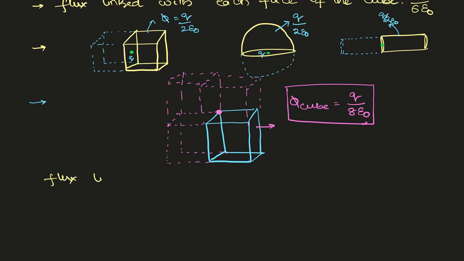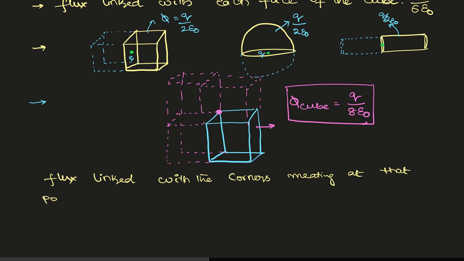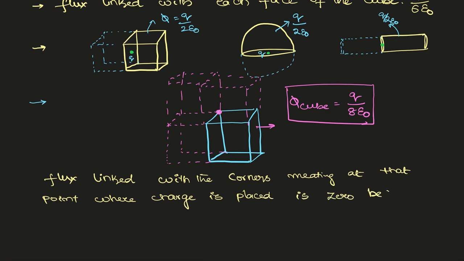So flux linked with the faces meeting at that point where the charge is placed is 0, because field lines are parallel to the surface. That means the area vector is perpendicular.